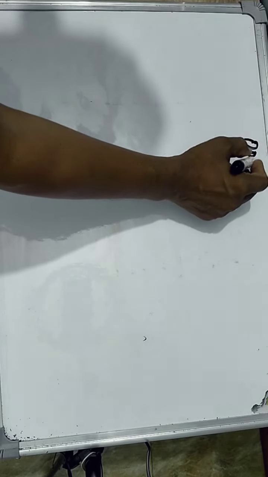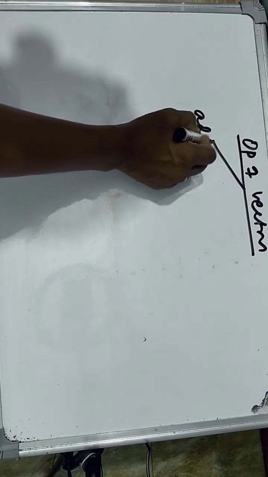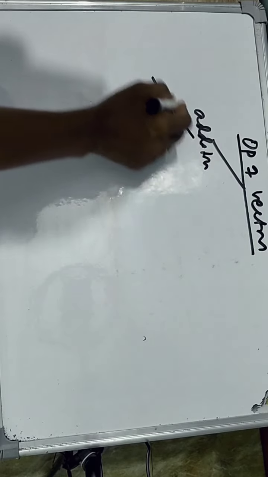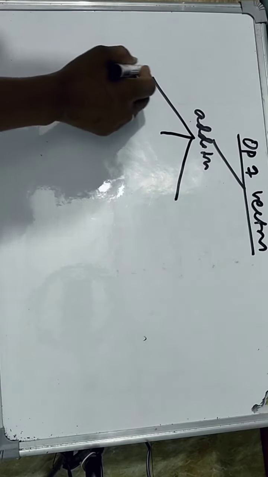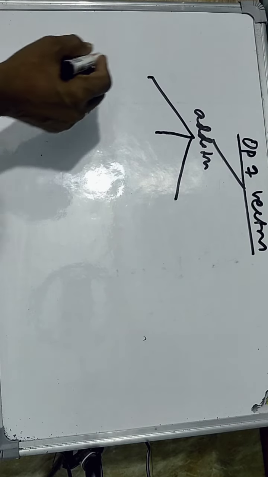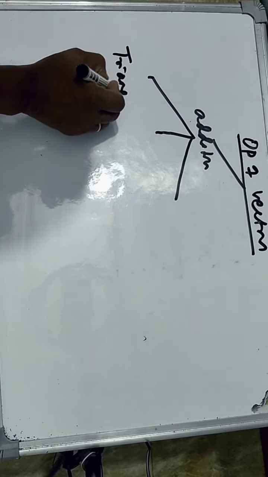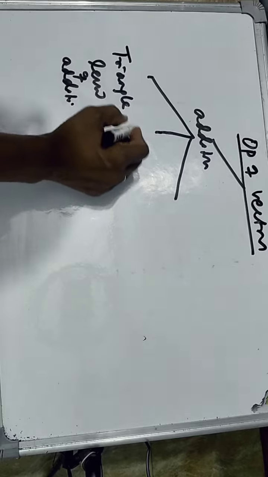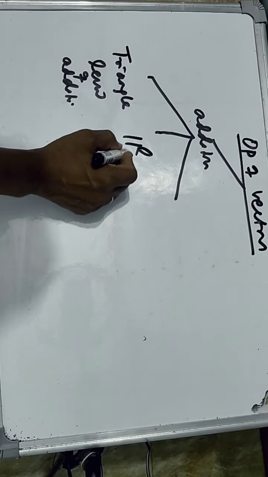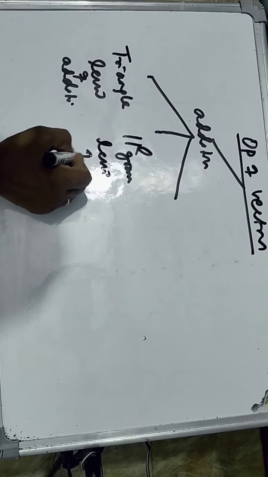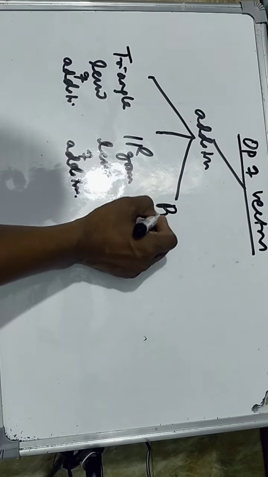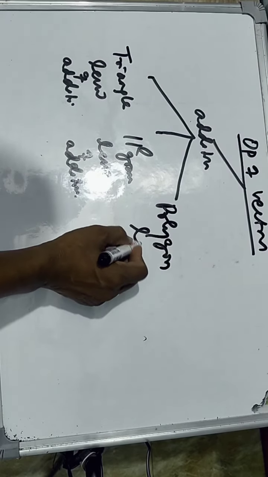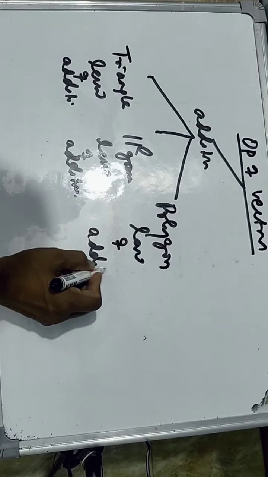While in operation of vectors, we say it is addition. For addition of vectors, we will have triangle law of addition, parallelogram law of addition, and another one is polygon law of addition.